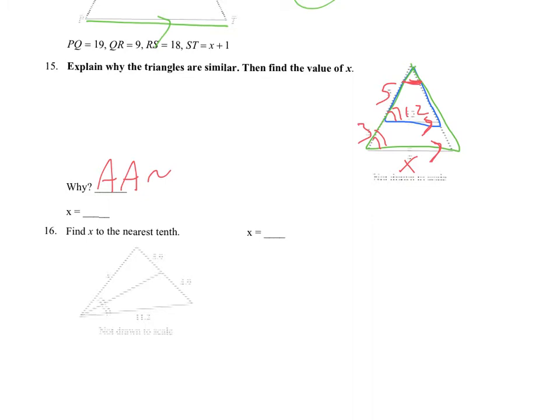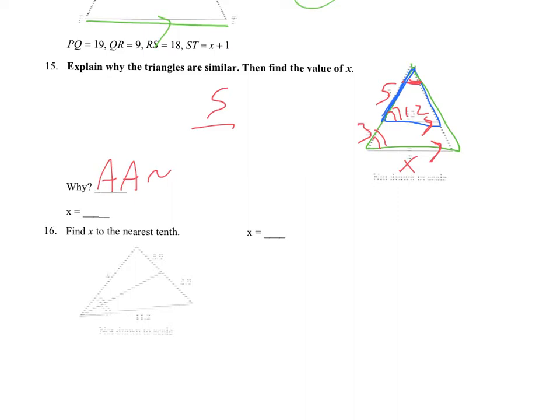Now that means that the corresponding sides are proportional. So if I go 5 over 8, 5 is the side of the blue triangle right here.